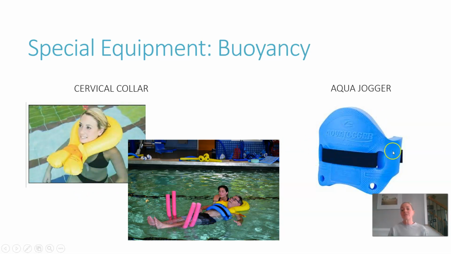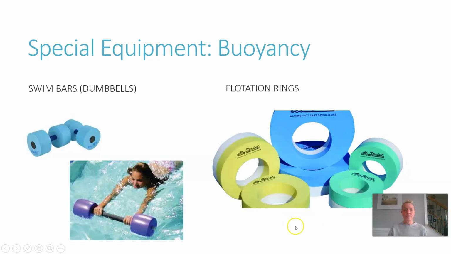This picture over here is called an aqua jogger. So this would go around the person's back, it would hook in the front, and it just helps keep them floating in deeper water, designed so that they could sort of jog in place in the water, but it's another flotation device that we can use with our patients.